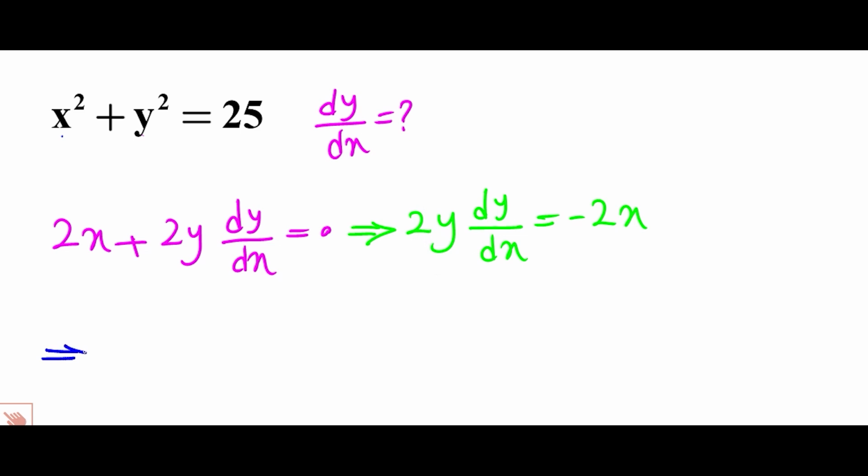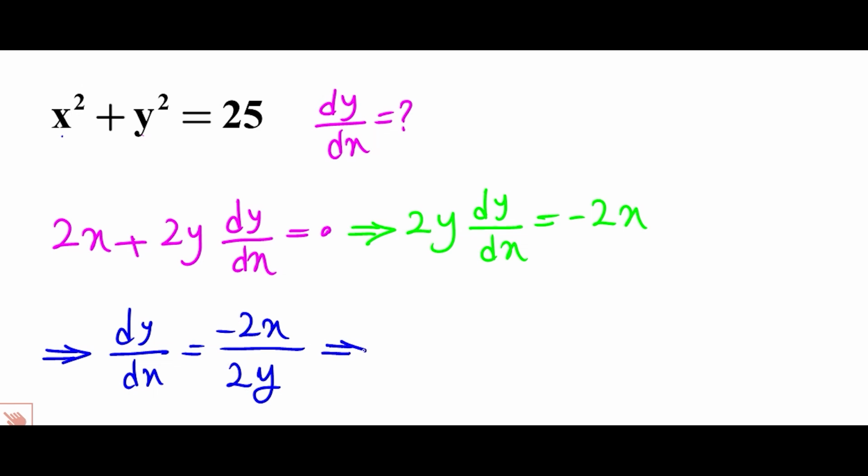So we have dy/dx equals negative 2x over 2y. Now we can cancel out the 2 from the top and bottom. So we have dy/dx equals negative x over y.